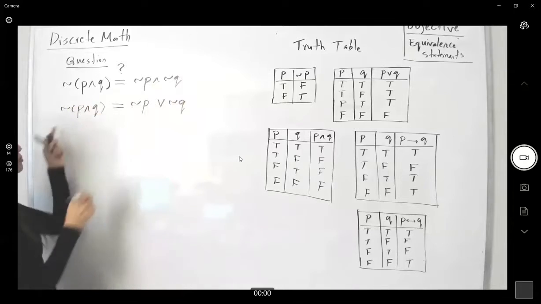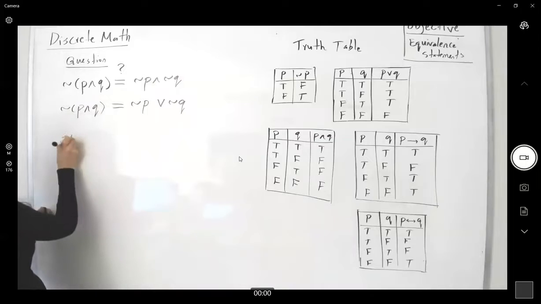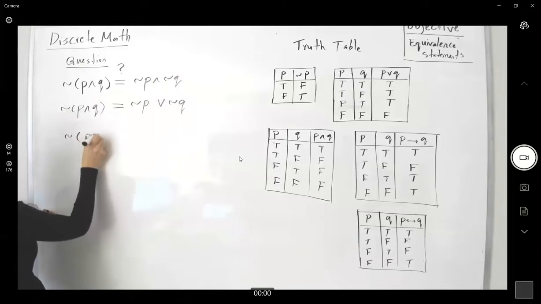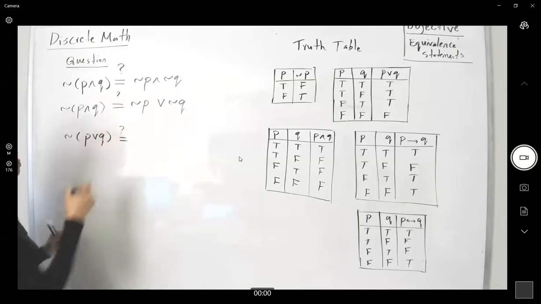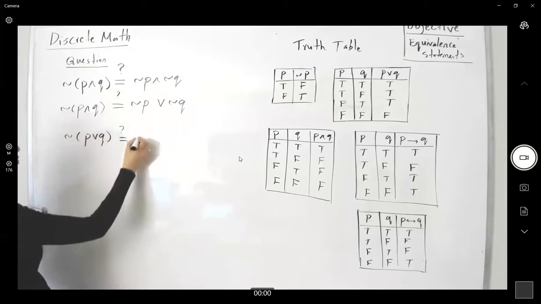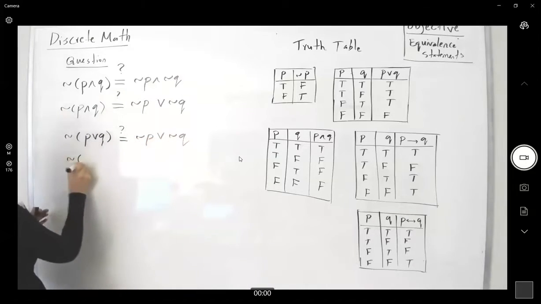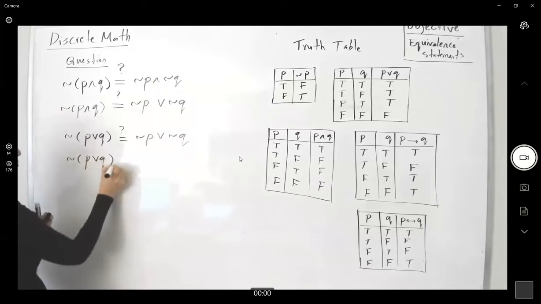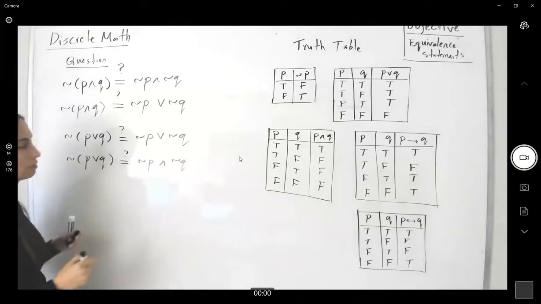What if I distribute negation over or? The negation of P or Q, let's just write down a question mark on top of this, is equal to not P or not Q, or is this equal to not P and not Q?